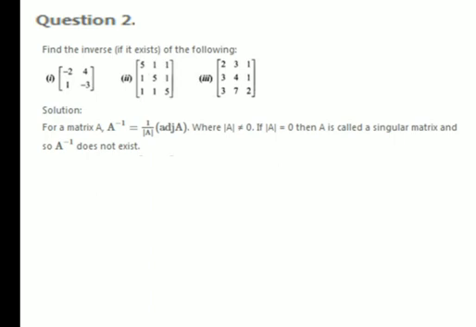Only if modulus of A is not equal to 0 can you find the A inverse. Otherwise, it is a singular matrix.